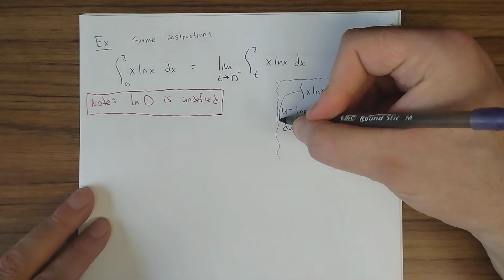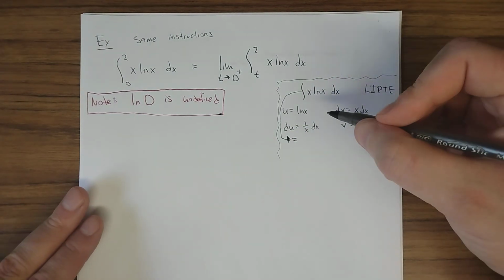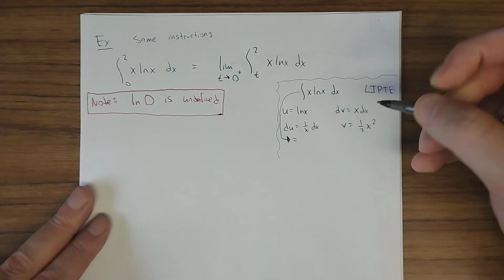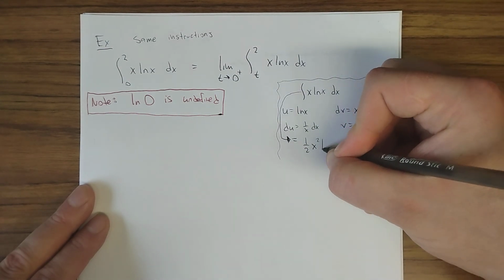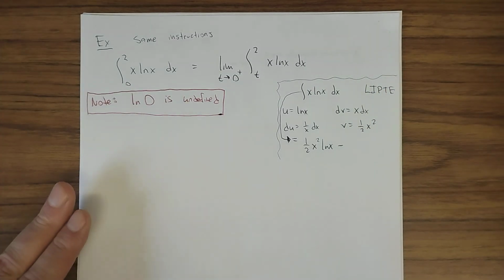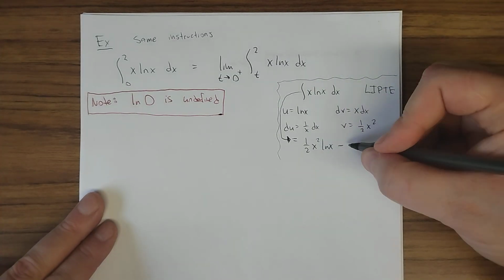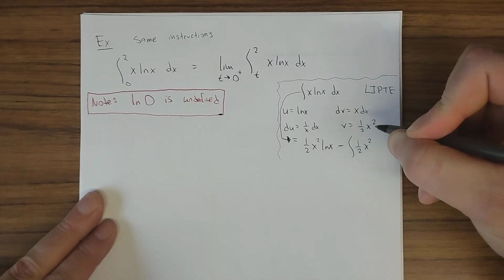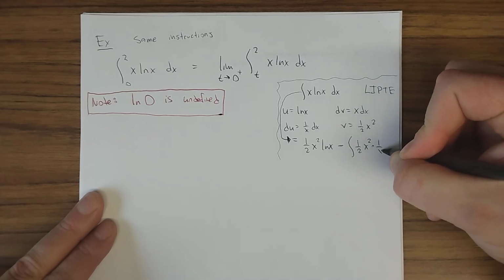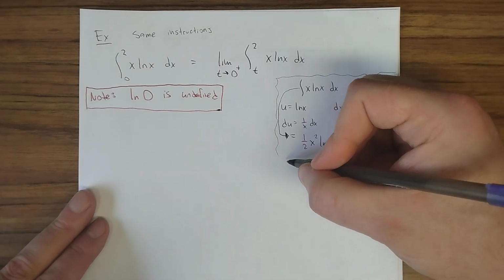And this turns into, okay, u times v. Maybe I'll write the v first because that looks nicer. Minus the integral of v du. So I'm there.